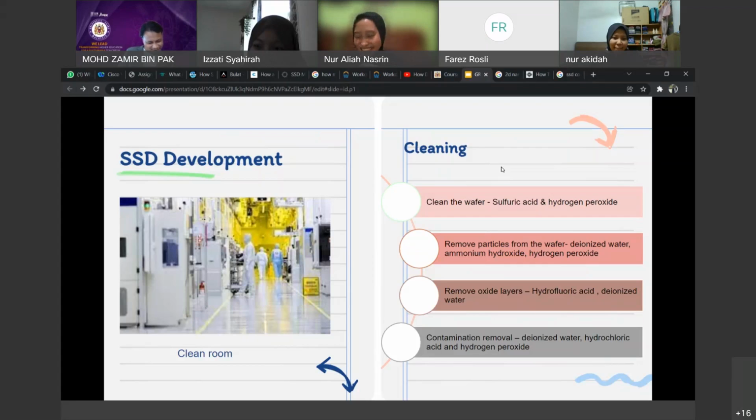All right, so other questions? Anyone? All right, my questions. So do we have a manufacturer of SSD around us in Penang or in Malaysia?